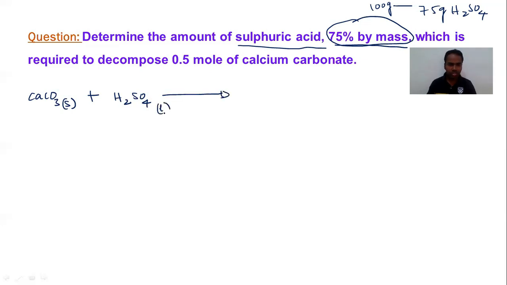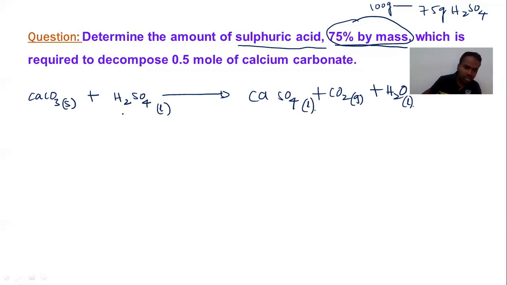So by using H2SO4, we can break this compound, an acid decomposition. This is liquid state. This is limestone, solid. If you decompose any carbonate by using acid, the common products are CO2 and H2O, and the compound formed here is CaSO4.